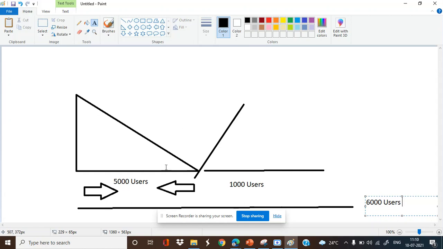In breakpoint testing we don't go for any steady state, so we continuously ramp up the users until we find a breakpoint. You observe that once the users are ramped up to 5,000, at the next user, 5,001, there is a breakpoint in the application.